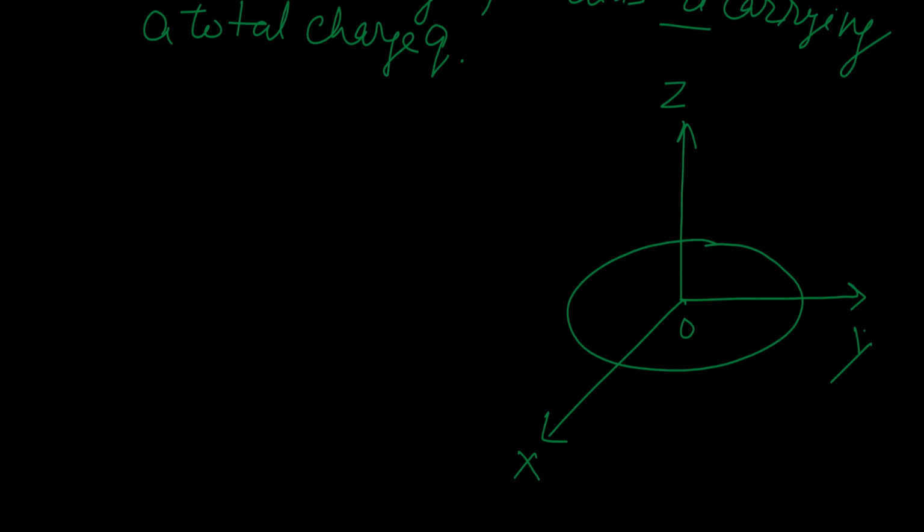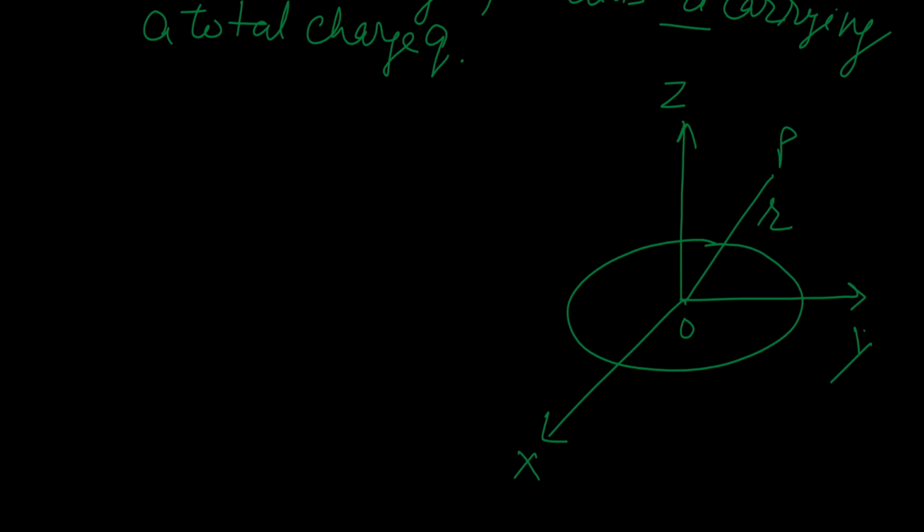Now the problem says that this ring is uniformly charged. It means its linear charge density will be constant, and total charge on this ring is Q, and we have to find the potential at a point anywhere. Let us say at a point P at a distance r from the center of the ring.